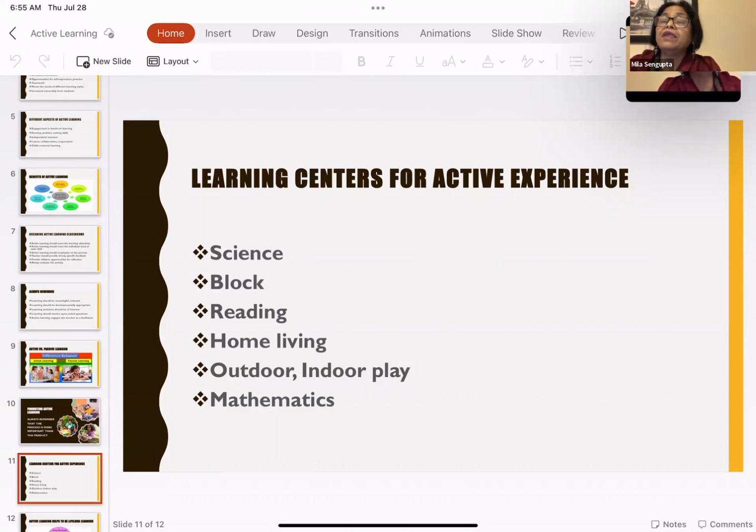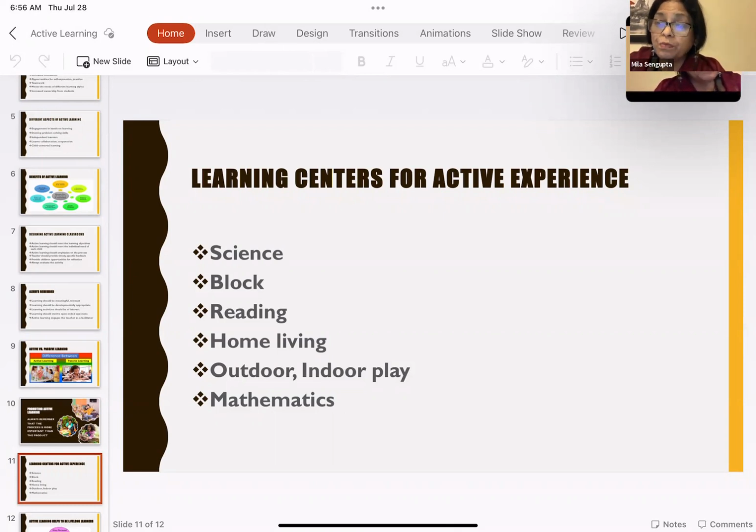If you have an area in your classroom for what we call home living, they pretend to be adults, a mom or dad, a grandparent, or they pick up any other role that they see around them: being a policeman, a teacher, a firefighter, an auto driver, a pilot, anything their imagination and creativity prompts them to participate in.